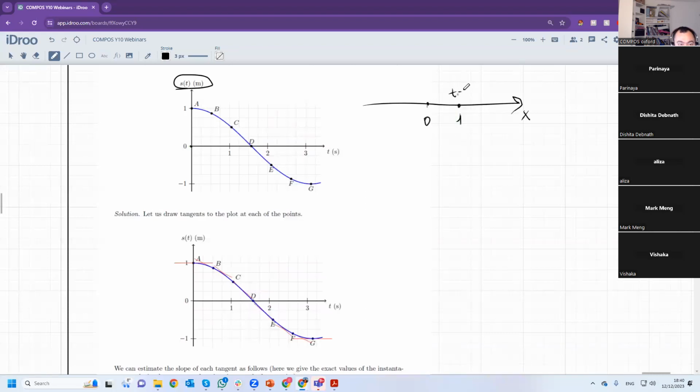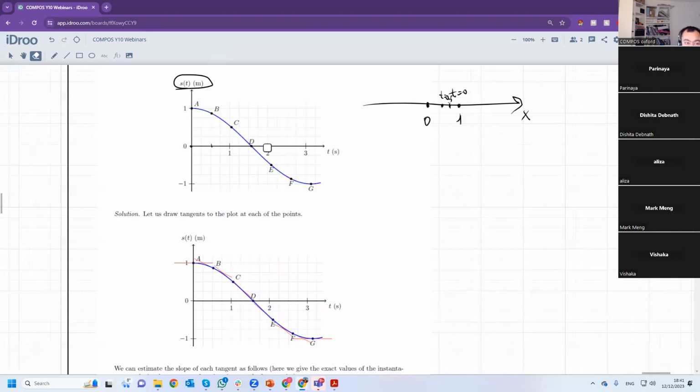At time 0, it is here. At time 0.5, it's somewhere here. At time 1, it is halfway. And at time 1 point something, it's here.